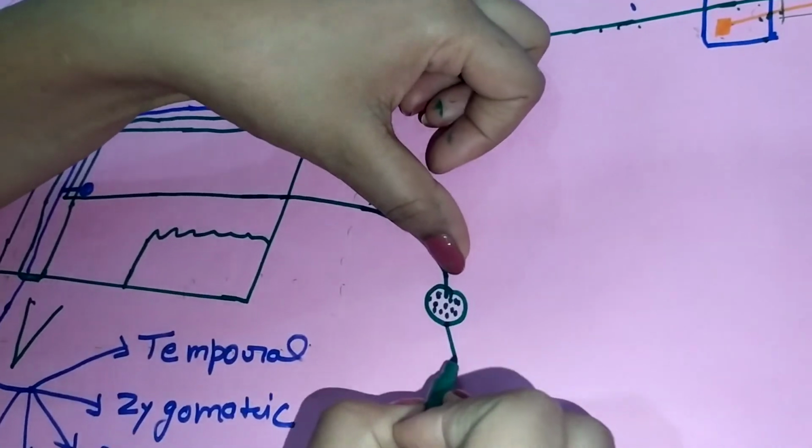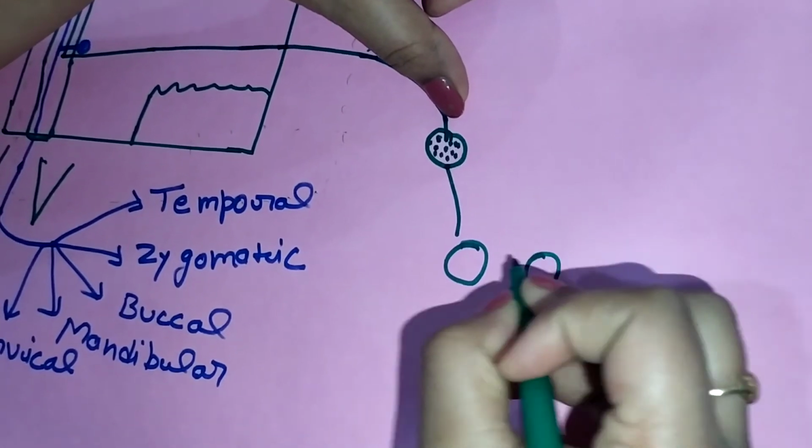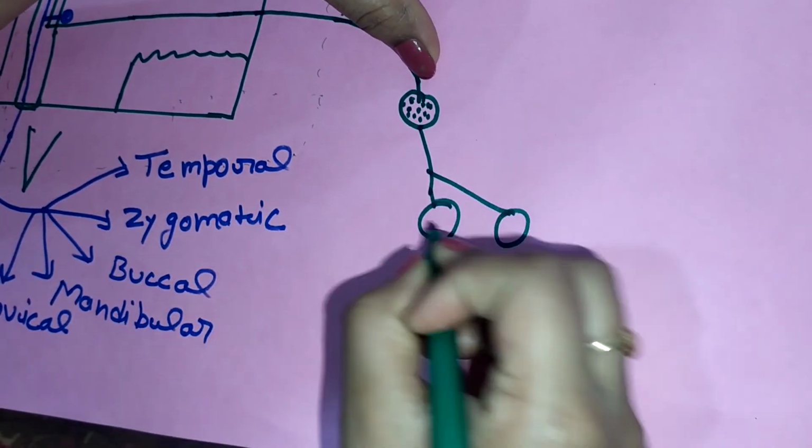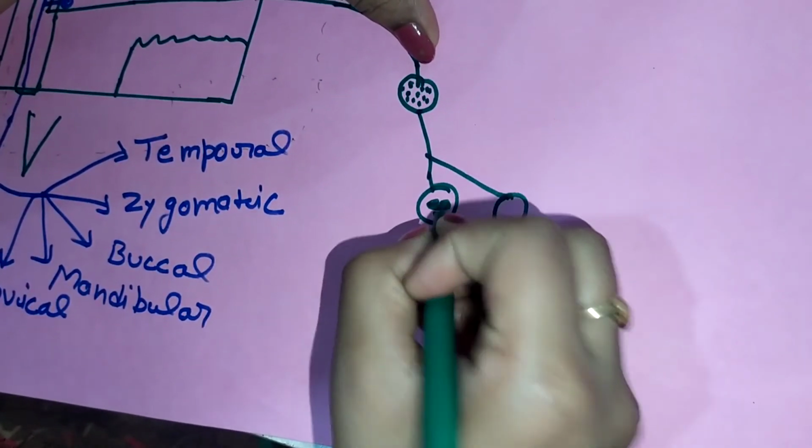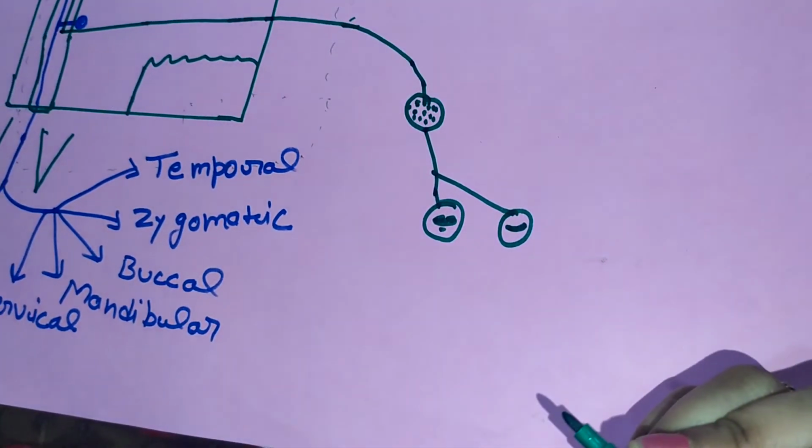Then this postganglionic fiber reaches the sublingual and submandibular gland, which is responsible for salivation.